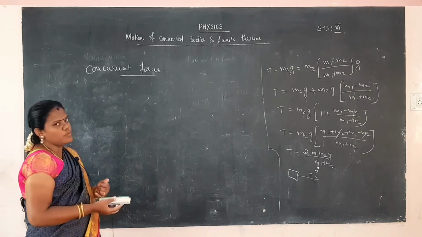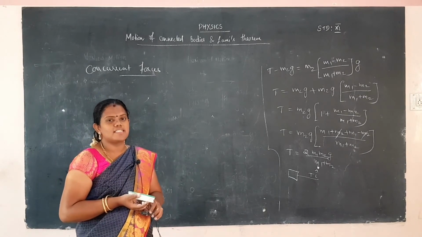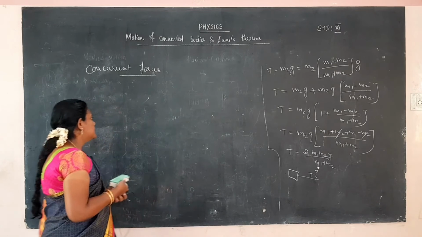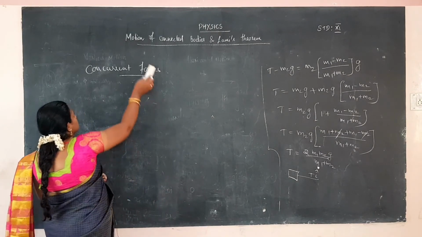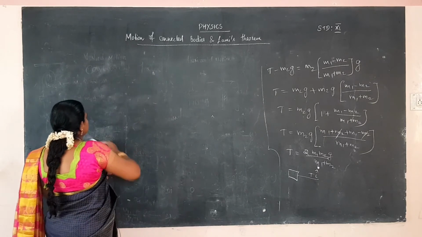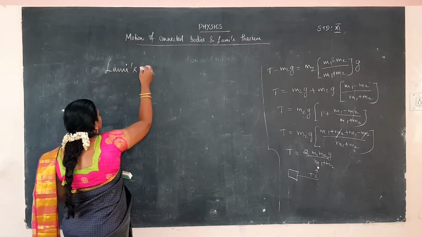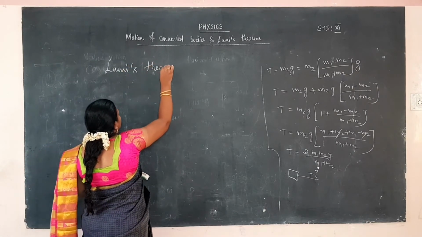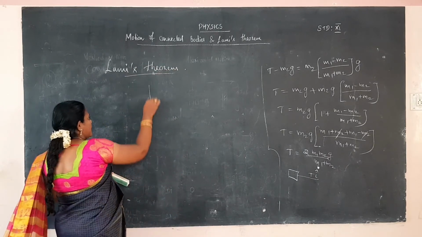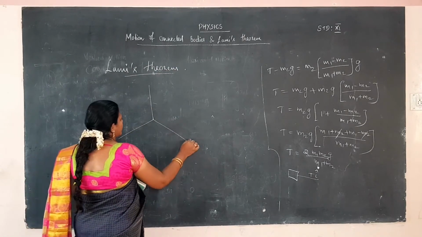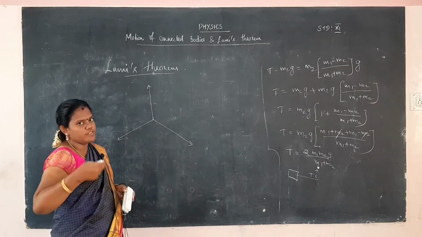Lami's theorem means three forces meeting at a single point are considered concurrent forces. Three forces are concurrent forces. In Lami's theorem, three forces act mutually perpendicular with each other.